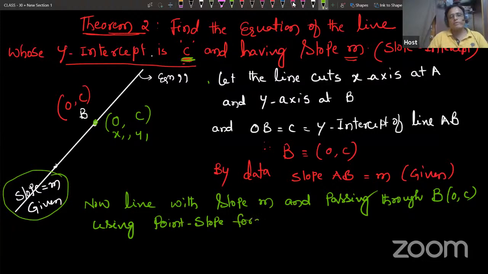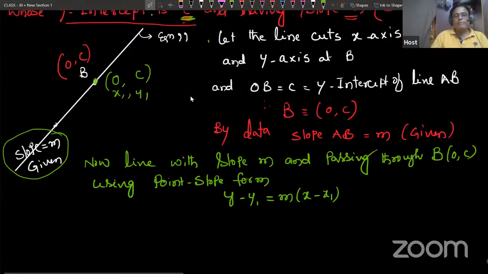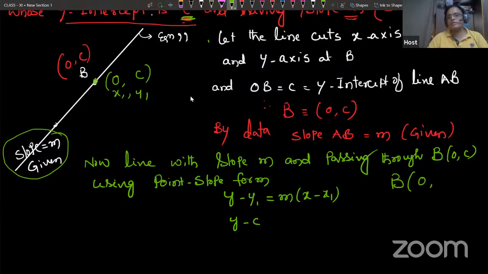y minus y1 is equal to m into (x minus x1). Here the point is (0, C), so x1 is 0 and y1 is C, and m is the given slope. The x1 value becomes 0.